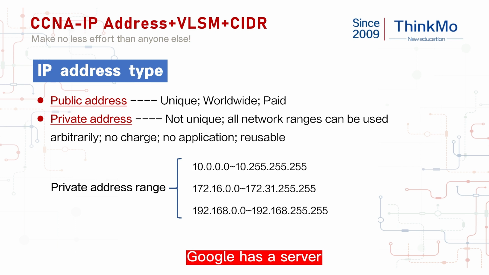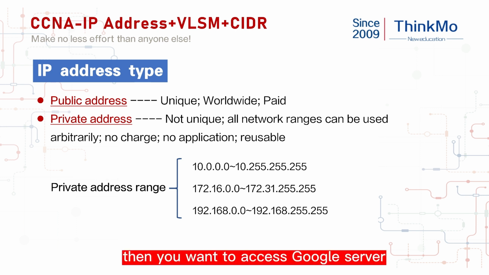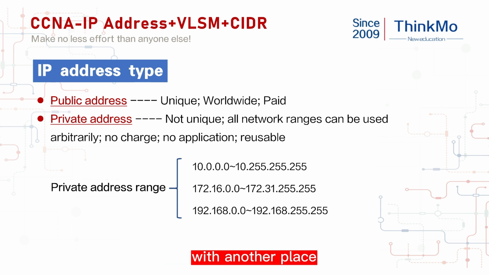Google has a server. Then you want to access the Google server. It can't be that the Google server has a duplicate IP address with another place. When you visit, who among them was visited? That's unknown. So facing the public network, all addresses must be unique.